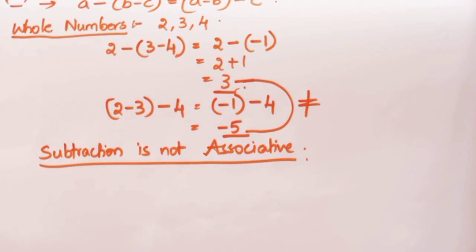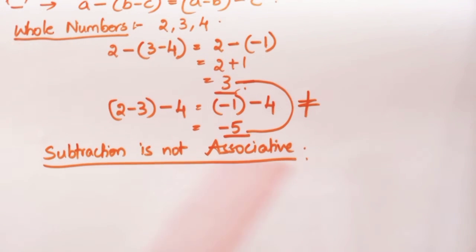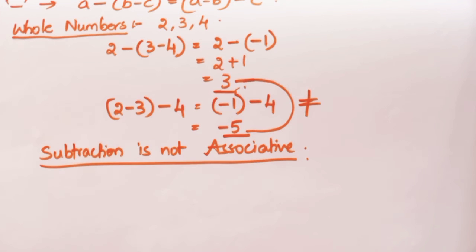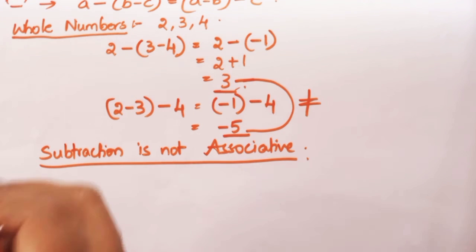Please check the same with integers and rational numbers also at home. Definitely you will find that subtraction is not associative even with them. Subtraction is not associative even for whole numbers. Shall we check with one example of each, integers and rational numbers also?